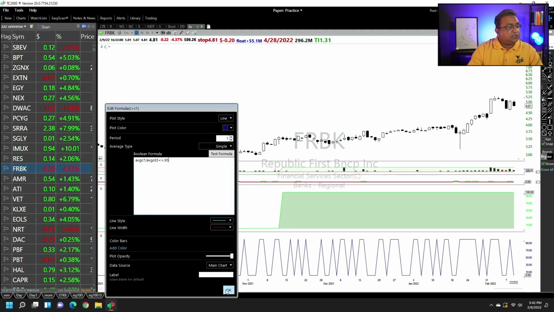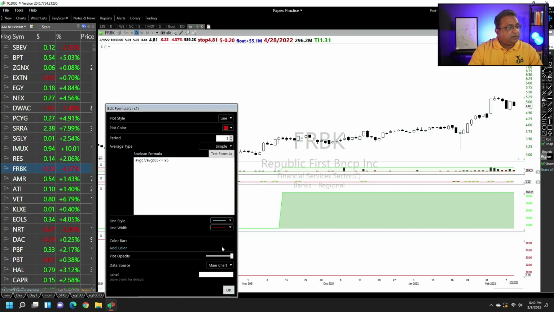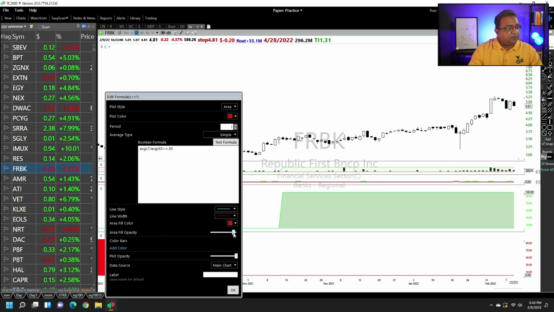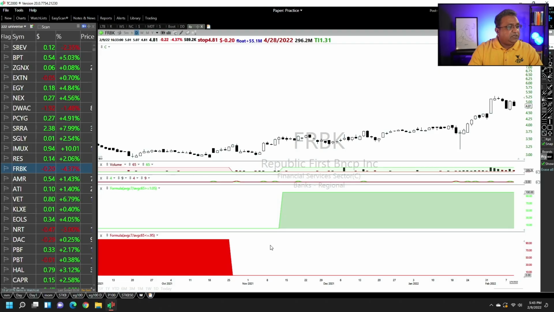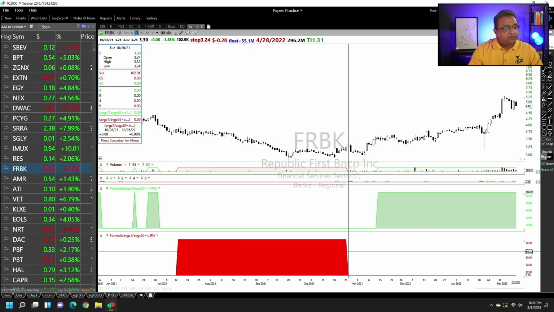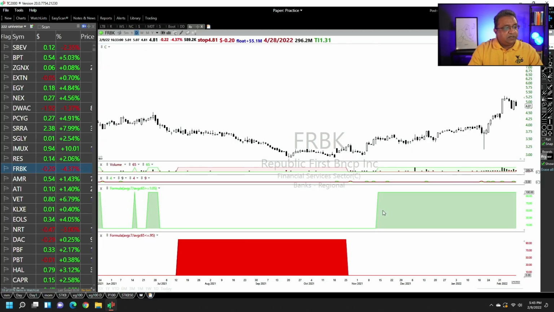So when you do this, you make this red because that's a negative momentum, and you fill this area, and you can increase the opacity of that. So if you see, this is where the stock was in a negative momentum phase, right? This is where the momentum phase started, this is where it ended, and then it turned and entered a positive momentum phase.